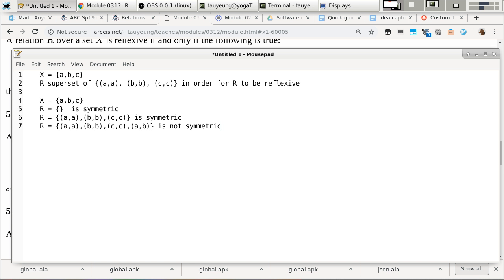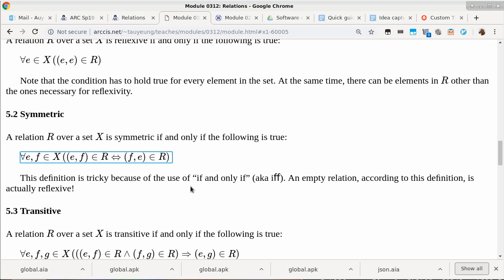In this example, if I choose A to be E and B to be F, then EF is in R, but FE is not in R. But in order for an if and only if to be true, either both sides are true or both sides are false. In this case, one side is true, the other side is false. So as a result, you can no longer claim the for all, because I can find one example where the condition inside here is false. Is that okay?